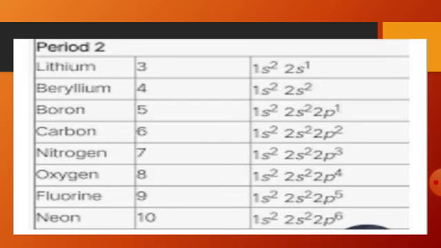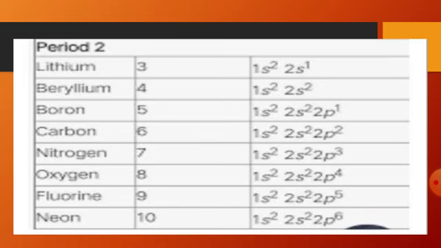Then boron, atomic number 5, electronic configuration 1s2, 2s2, 2p1. Carbon, atomic number 6, its electronic configuration 1s2, 2s2, 2p2. Then nitrogen, atomic number 7, electronic configuration 1s2, 2s2, 2p3.